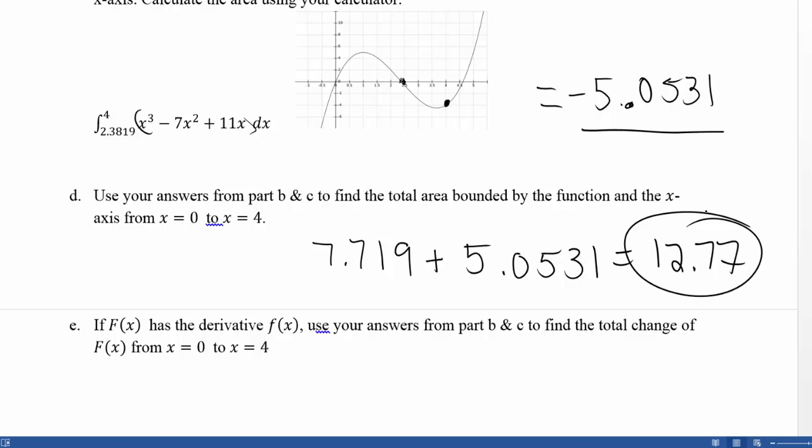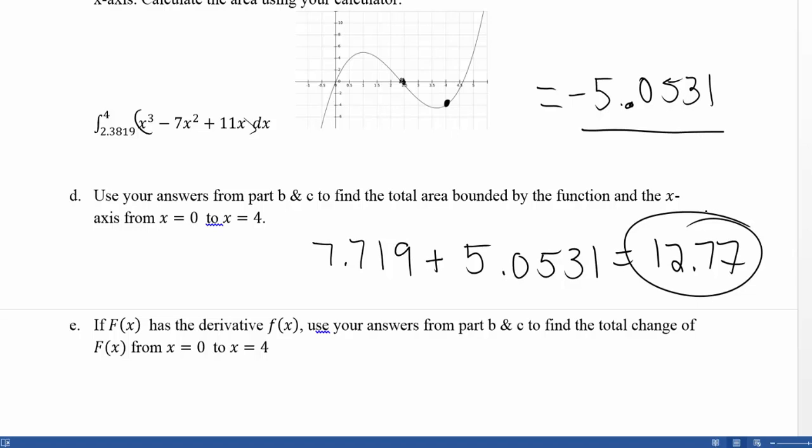Part E, if f of x has a derivative of little f of x, use your answer from Part B and C to find the total change of f of x from 0 to 4. So if we're looking for total change of the original function, and we know that the function that we have was the derivative, now we need to count anything above as positive and anything below as negative.